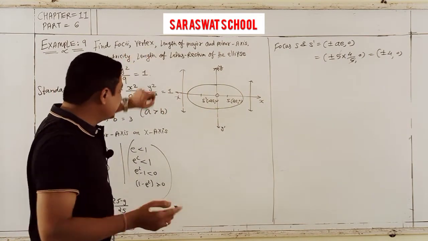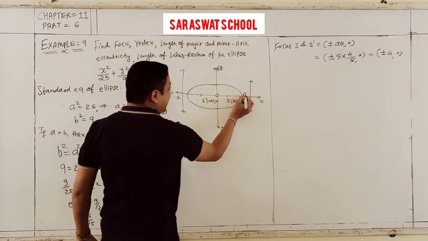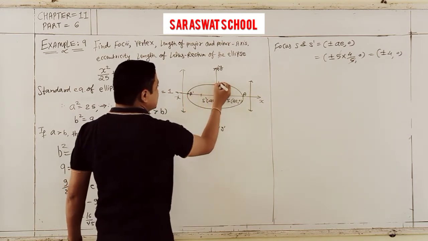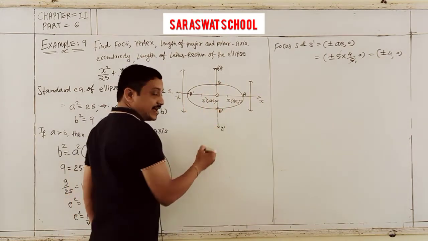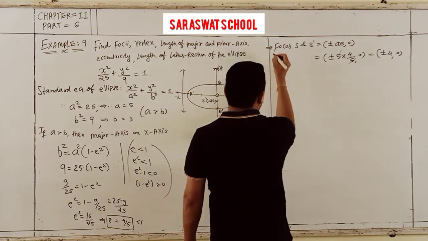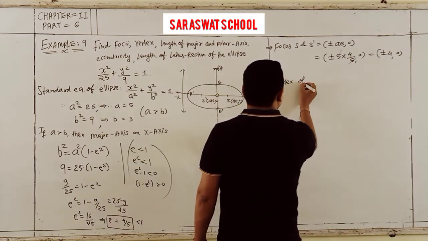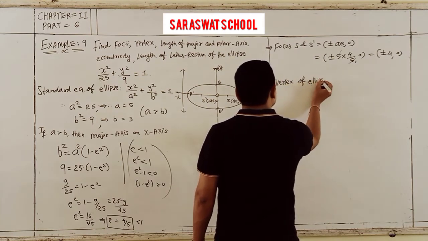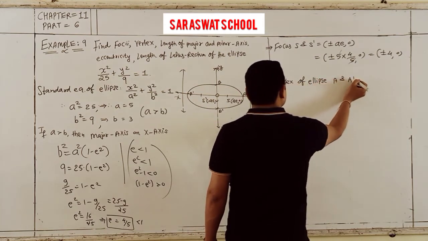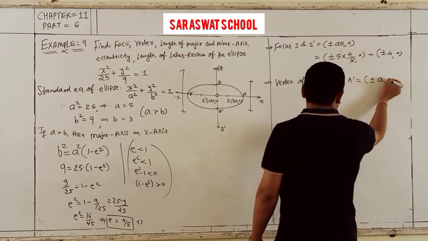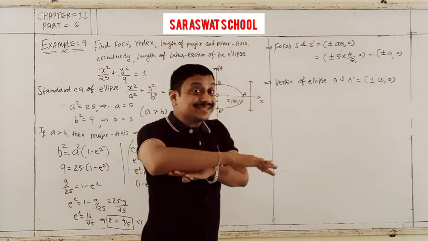Now vertex means this vertex, students, A dash, B dash. So second part, after that we go to the vertices of the ellipse. A and A dash are plus or minus a comma 0 on the x-axis.